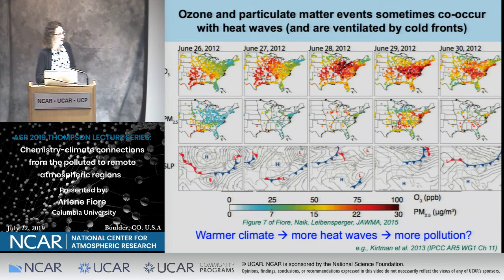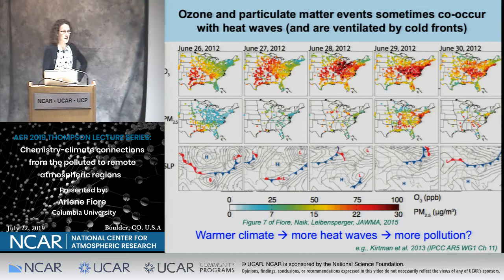We have fine particles or particulate matter, or PM 2.5. The 2.5 is 2.5 micrometers; it's particles that have that diameter or smaller. Those are the ones thought to be important for health because they're small enough that they can get deep in your lungs. We see that the PM patterns tend to follow the ozone spatial patterns as well.